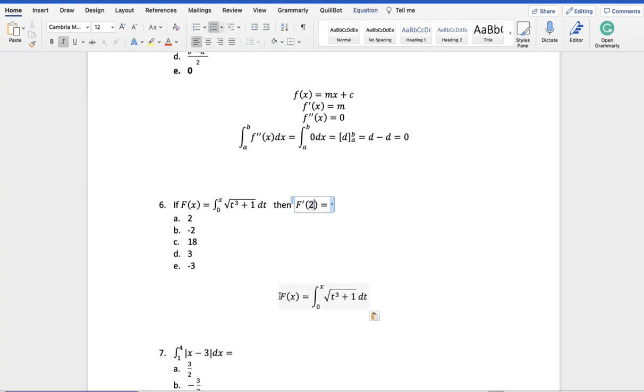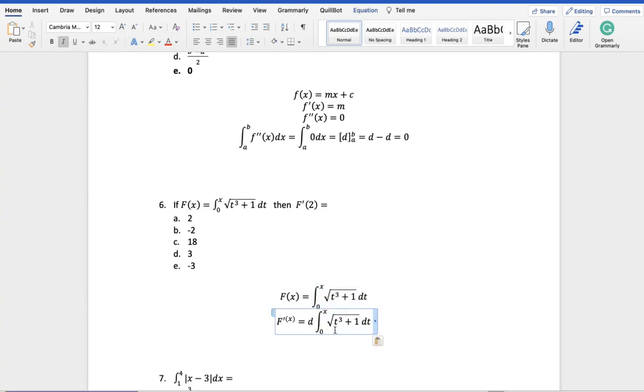Now we have f of x. So the first thing we would need to do is just find f prime of x, right? Which is just the derivative of f of x. So it's d over dx of the entire integral.